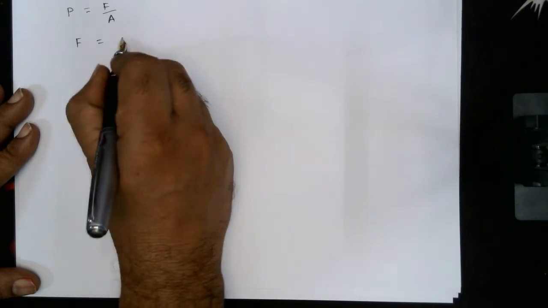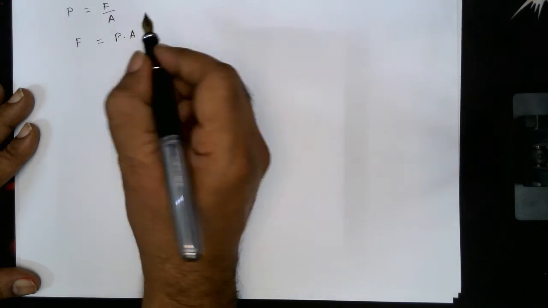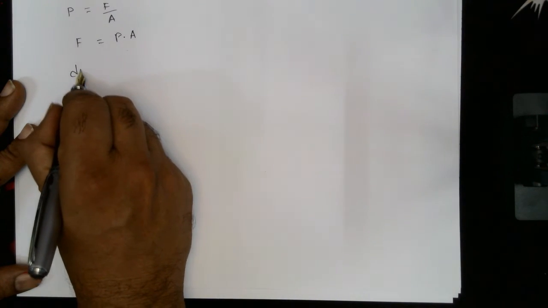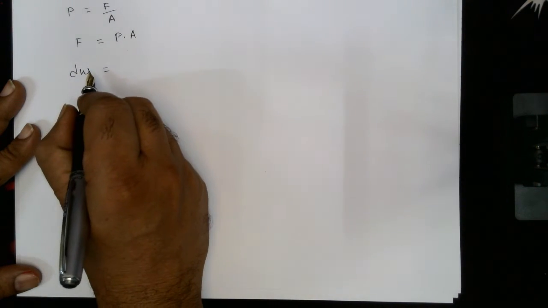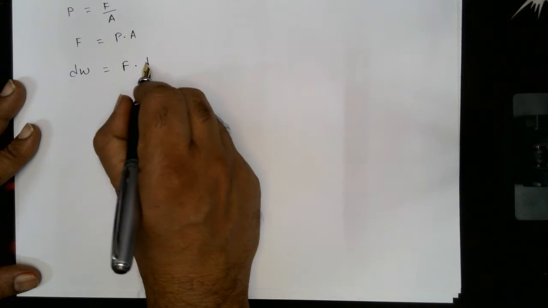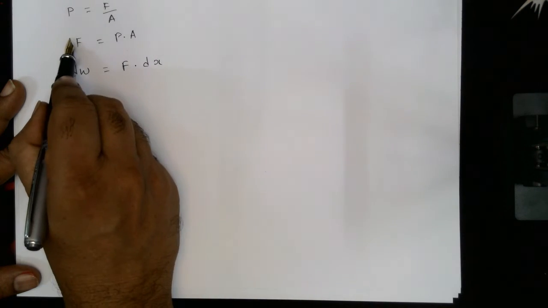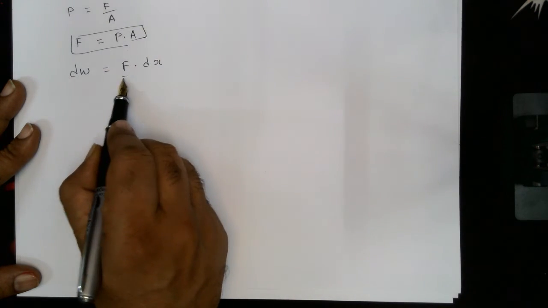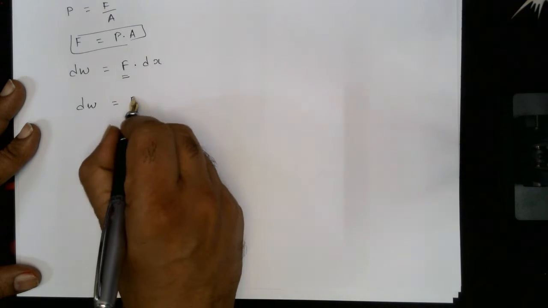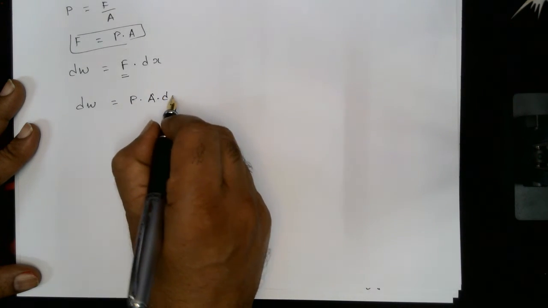So force is equal to pressure into area. Okay? So therefore we already know dw is equal to, what is the equation? F into dx. So I can replace this F here. Therefore dw is equal to p into A dx.